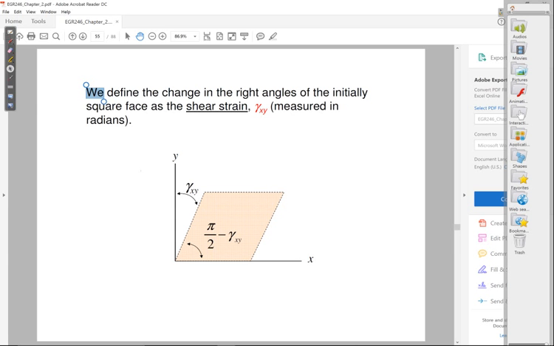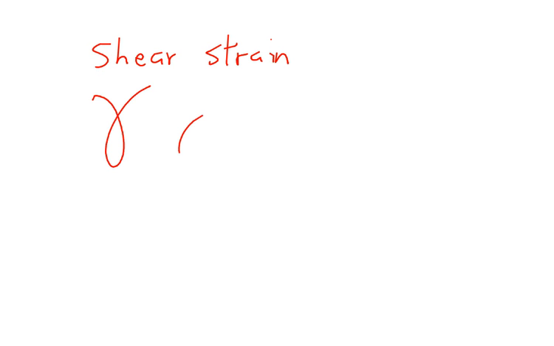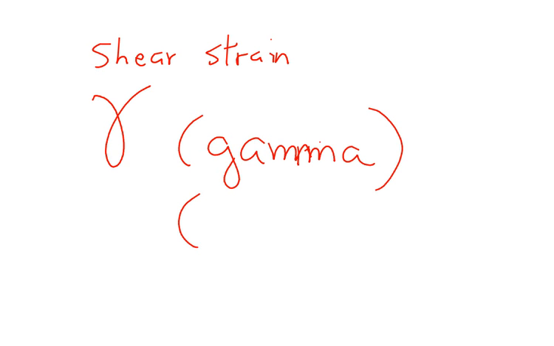And we're going to use Greek letter gamma. So shear strain, Greek letter gamma, measured in radians.